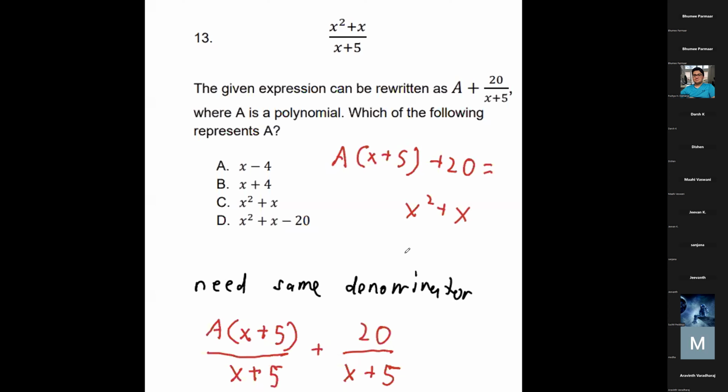Well, we can just subtract 20 from both sides and we get a times x plus 5 is equal to x squared plus x minus 20.